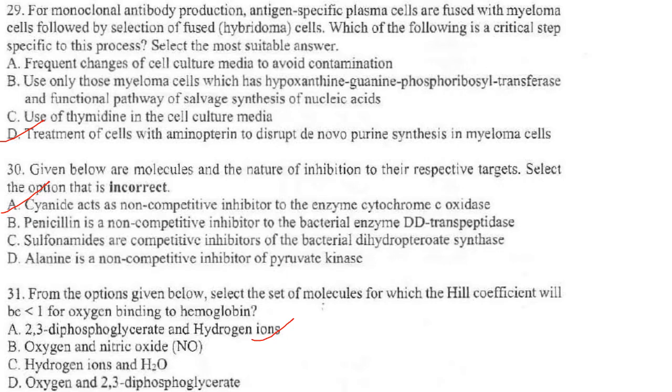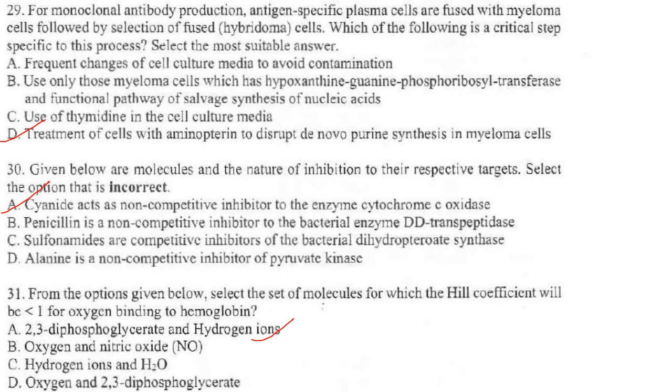So you are using the HAT medium for selection of these particular cells. Now HAT medium contains aminopterin, a dihydrofolate reductase inhibitor, and it inhibits the de novo nucleotide synthesis pathway. That is, it will inhibit the activity of dihydrofolate reductase.